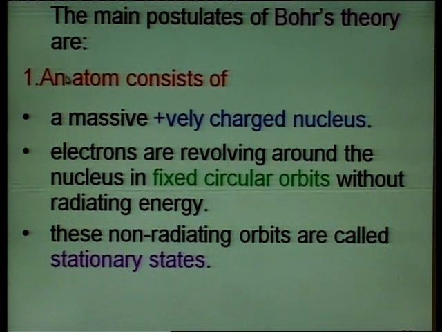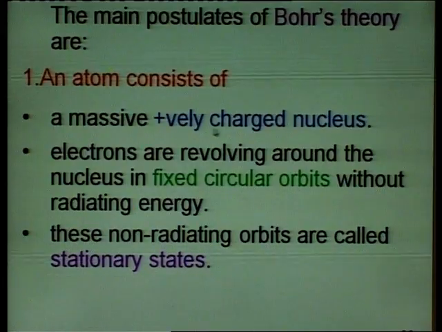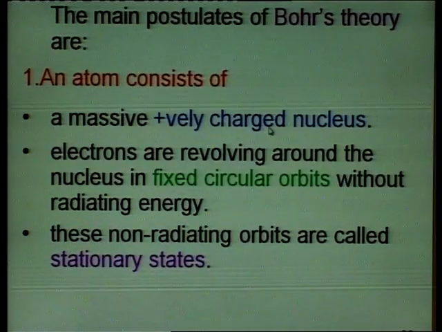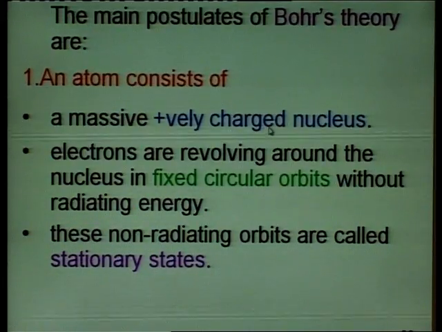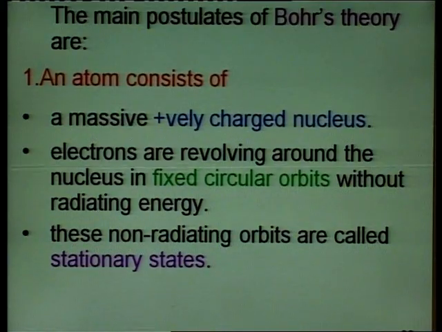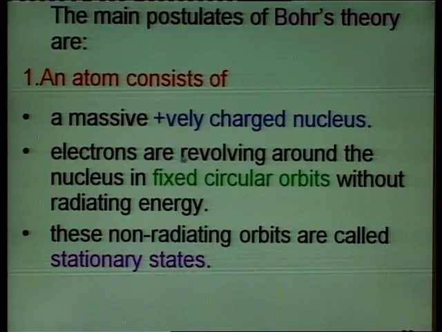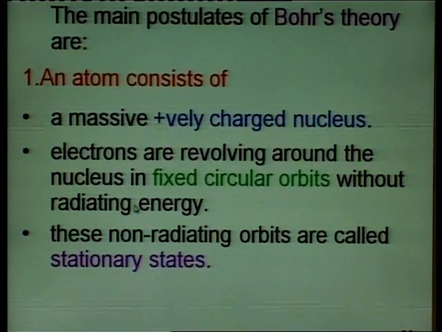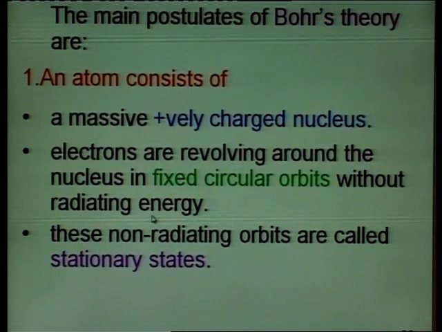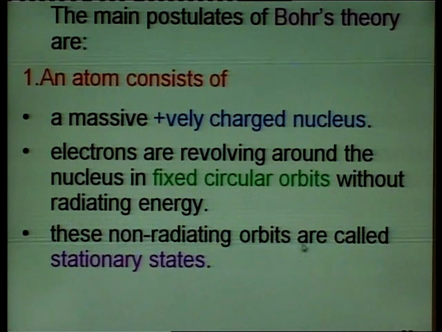Bohr said that an atom consists of a massive positively charged nucleus. He said that in the center of an atom there is a positively charged nucleus and the electrons are revolving around the nucleus in fixed circular orbits without radiating any energy, and these non-radiating orbits are called stationary orbits.